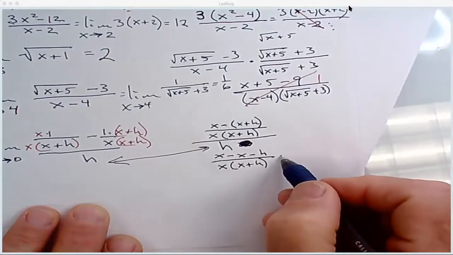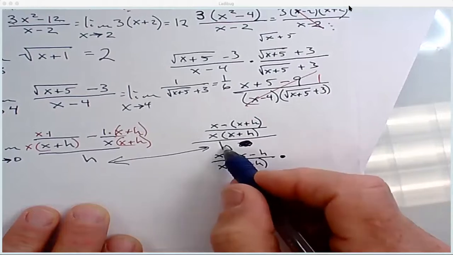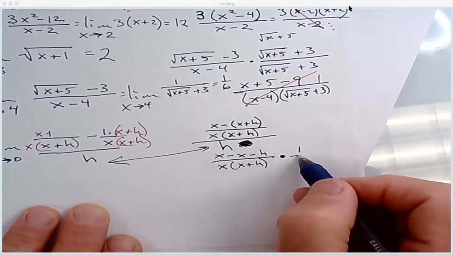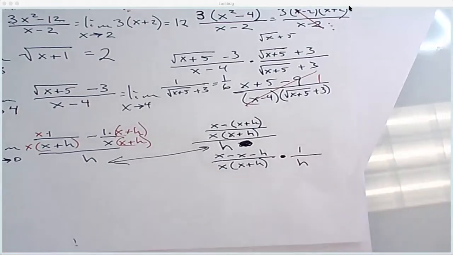And I'm going to multiply. I'm not going to divide by h. I'm going to multiply by the reciprocal of h, which is 1 over h. Do you remember me doing that before? I multiplied by 1 over x. I said, okay, what's the reciprocal of 3? It'd be 1/3. What's the reciprocal of 5? It'd be 1/5. What's the reciprocal of x? 1 over x. What's the reciprocal of h? 1 over h. Everybody okay?